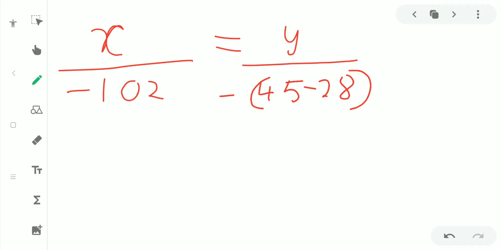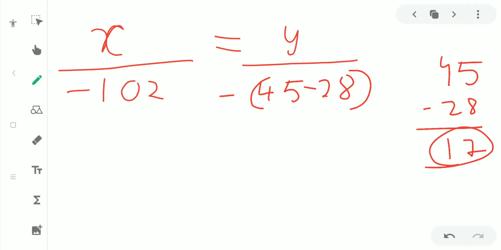So now it is nothing but 45 minus 28, where it results in 17.